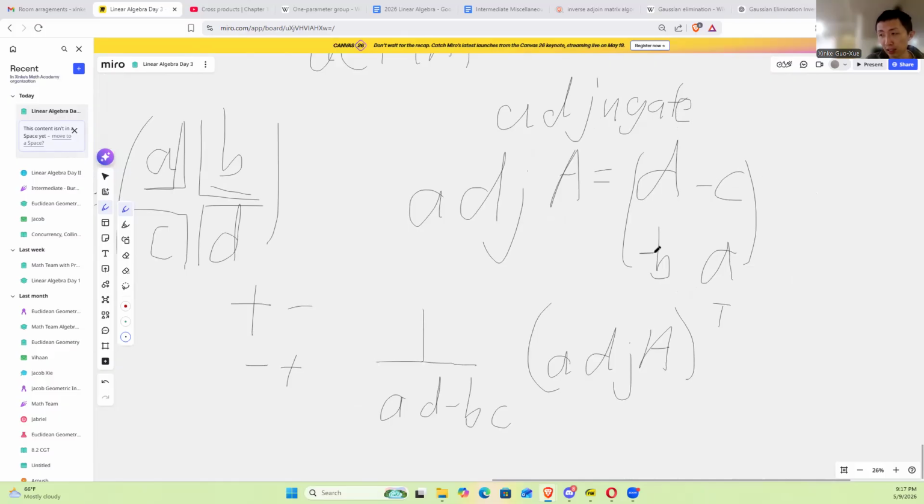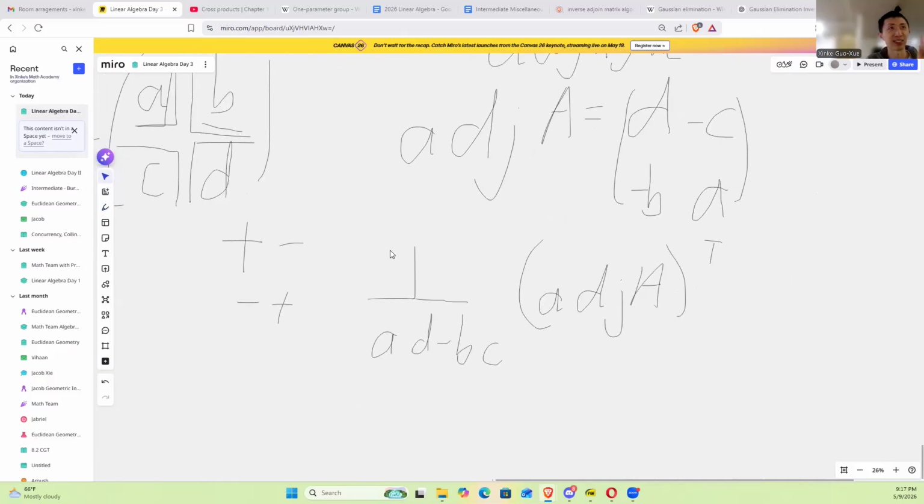So this gets a minus sign and this gets a minus sign. That's important to remember. So when we transpose it, we get D, negative B, negative C, A. And we multiply by 1 over the determinant.